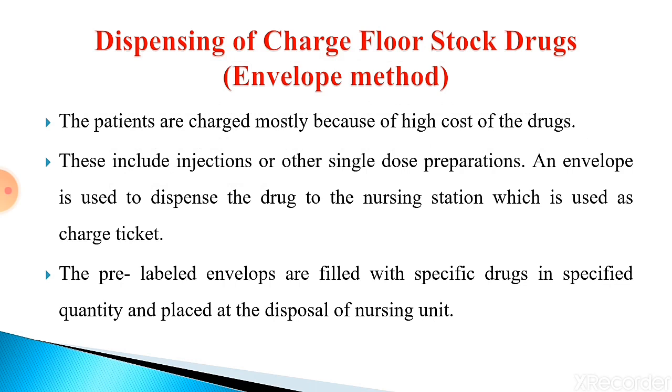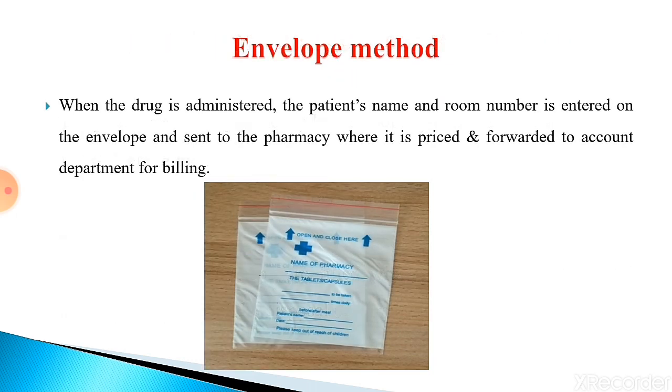It is later sent to the pharmacy where it is priced and forwarded to the billing section of the accounting office. Here you can see the envelope on which all the information is mentioned: name of hospital, name of patient, age, medicine prescribed, and the quantity and dose of the drug used for the patient.